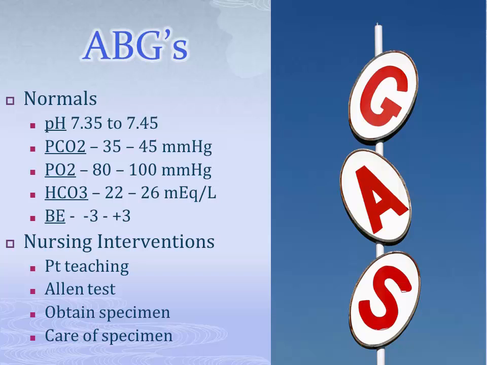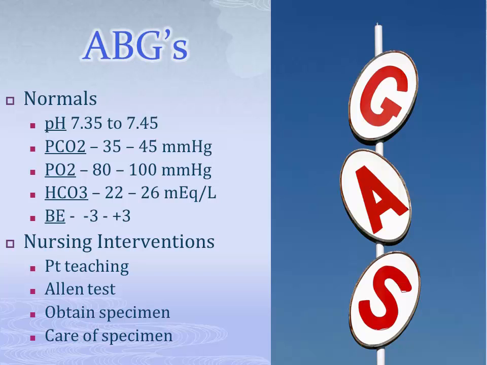If I have a low PO2, does that lead me to think that I have a respiratory problem that's causing it? Just something to think about. Bicarb, or HCO3, is the renal component of ABGs. It's telling us what's happening with the renal system.